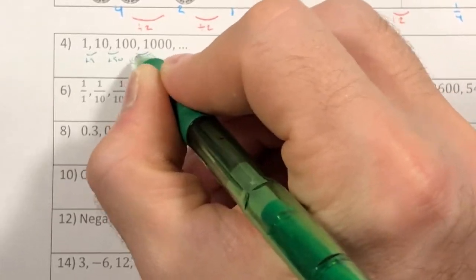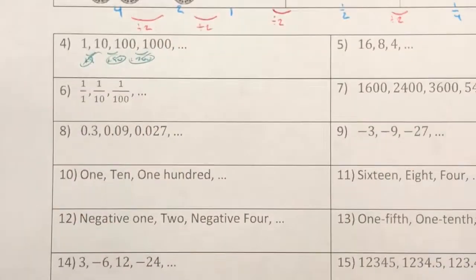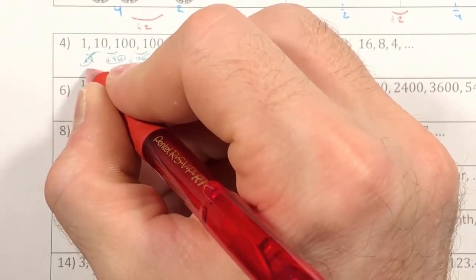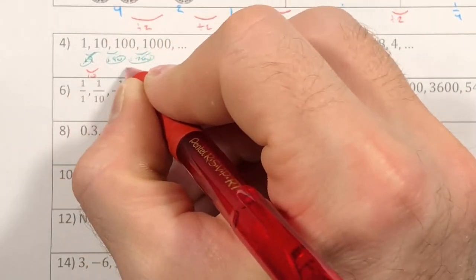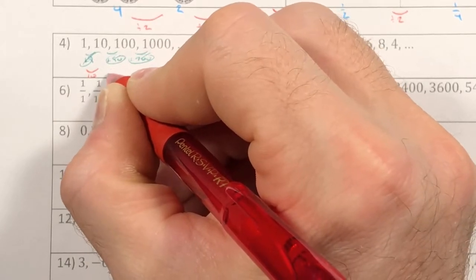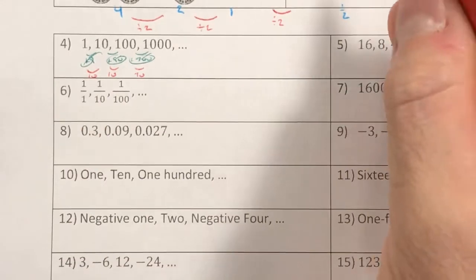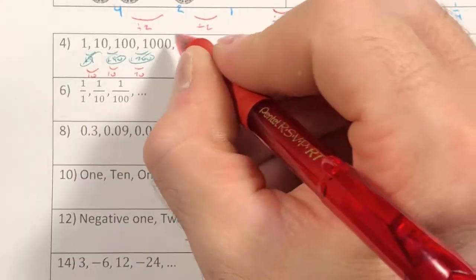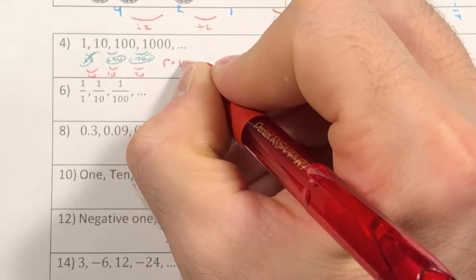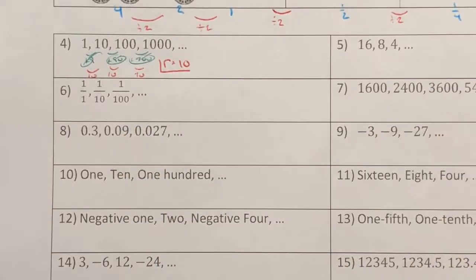So again, arithmetic is out the door. We can't do arithmetic. We can do geometric because 1 times what gives me 10? Okay, this is going to give me a times 10, times 10. Perfect. That is consistent. So I know that my rate of multiplication is times 10.